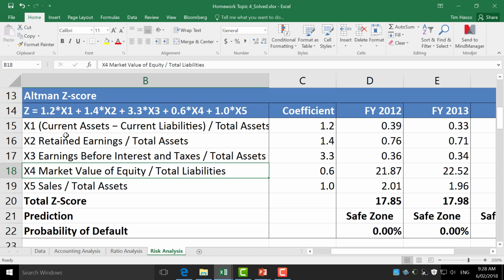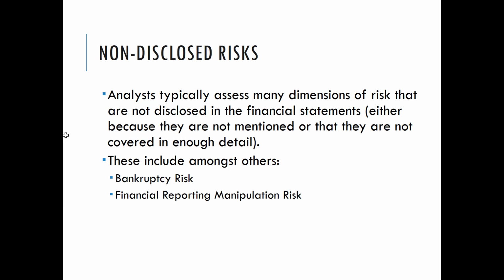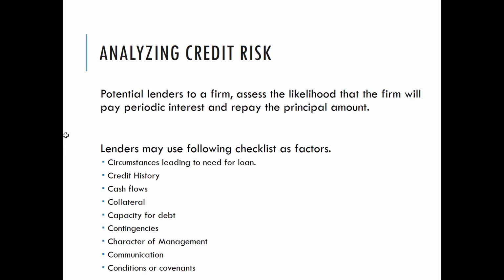You're looking at these indicators because they are indicators of a good or a bad company. So for this week, what we're going to be doing is estimating a number of these various models. When it comes to non-disclosed risks, we're generally going to be focusing on bankruptcy risk and financial reporting manipulation risk.